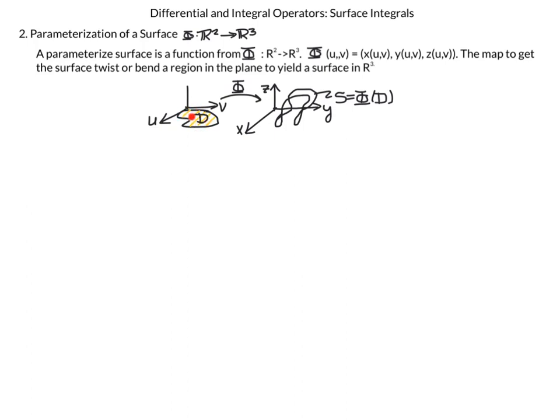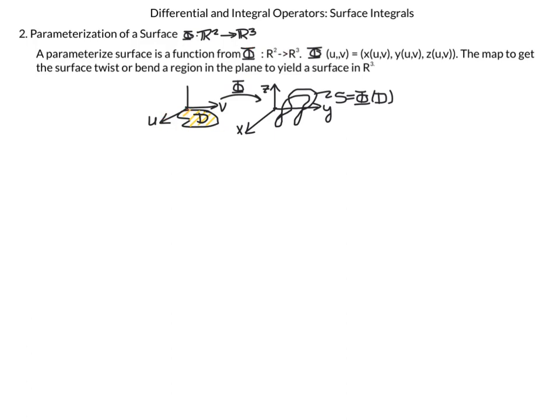And the idea is we take this portion of the plane, we apply our mapping phi onto it, and then it becomes something in three-dimensional space. It becomes a surface. So the surface is equal to phi applied to some domain in two-dimensional space. So the notation here is phi goes from R2 to R3.